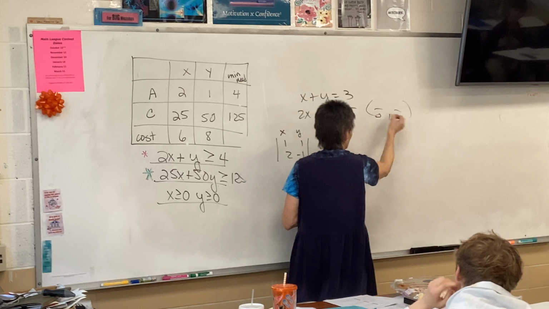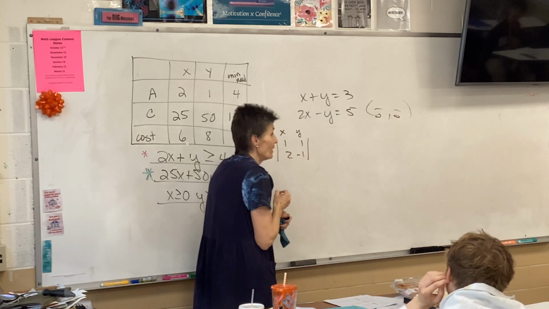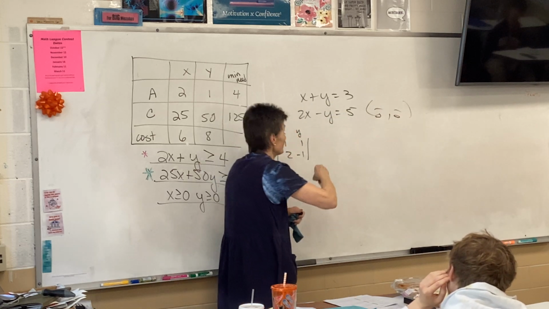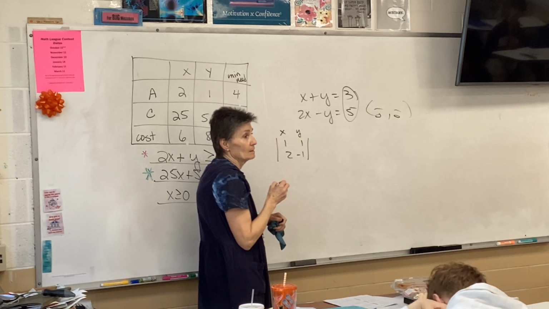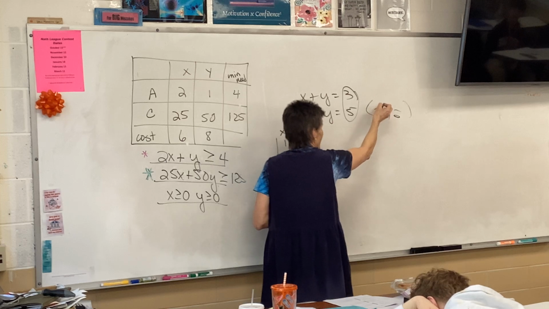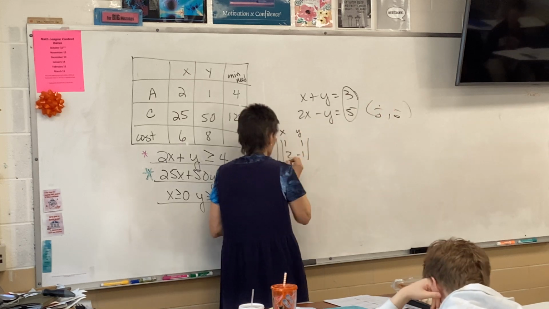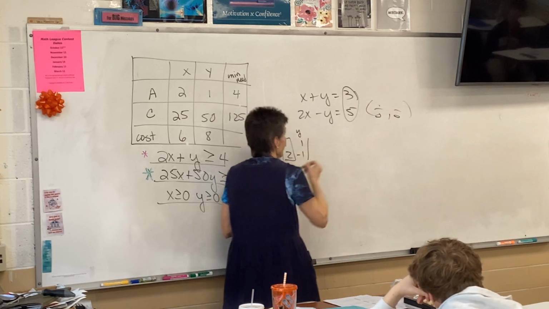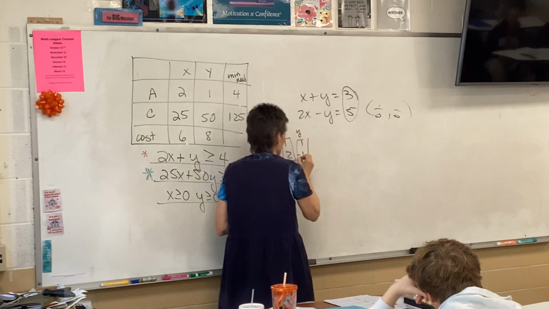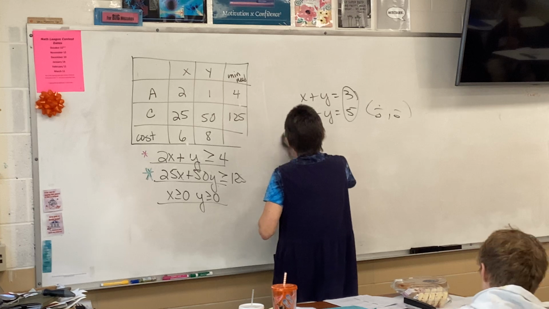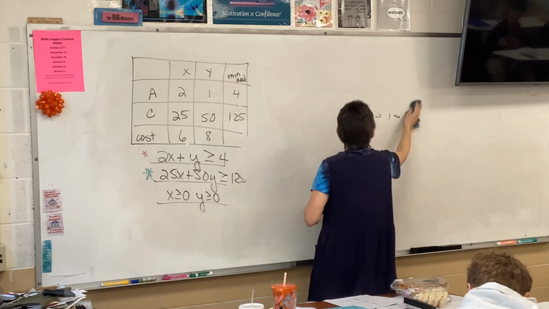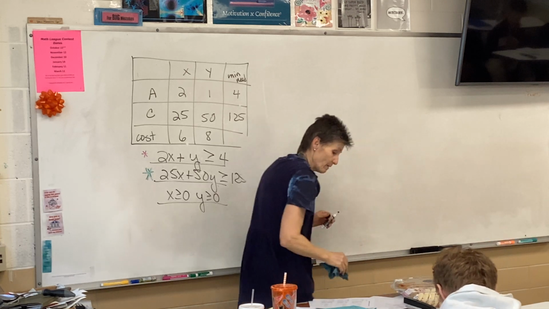That number goes here and here. Then to find those, we take these guys, and if we're solving for x, we plug them in right here. And if we're solving for y, we plug them in right here. That is Cramer's rule.